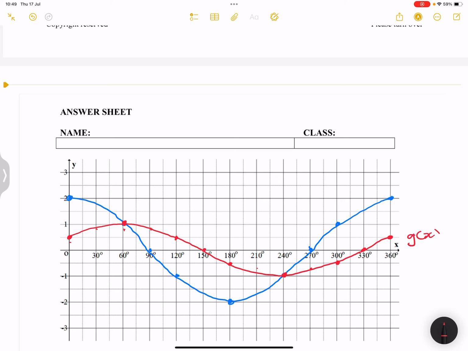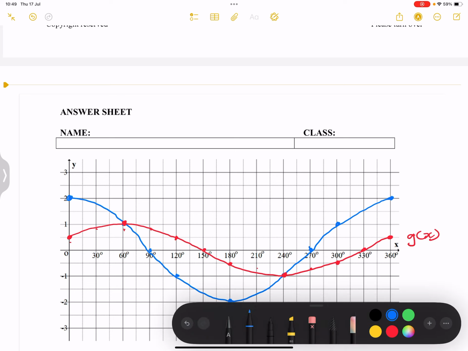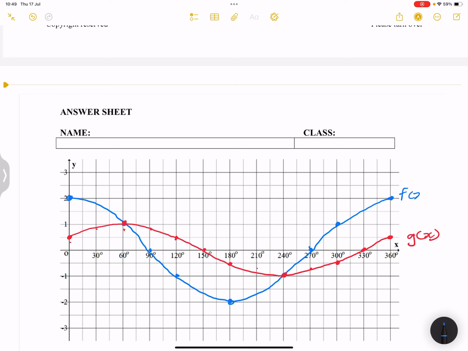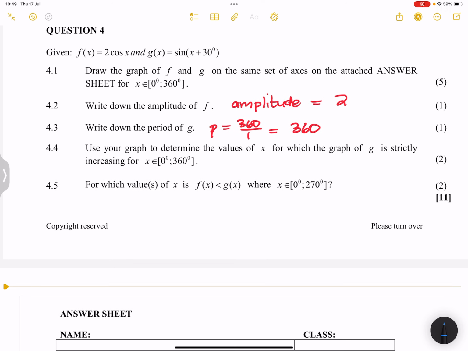That's g of x, and the blue one is f of x. So it is increasing between 0 and 60, but it's also increasing between 240 and 360.